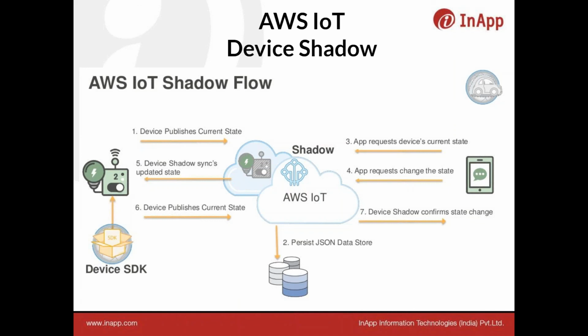So once any application requests a shadow change, all the subscribed devices will get that, and it will be reporting back. Devices will say this is my current state, and you need to make those changes. And once that change is made on the device, the shadow is again updated with the reported state.